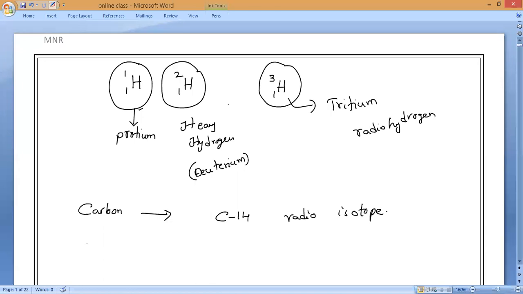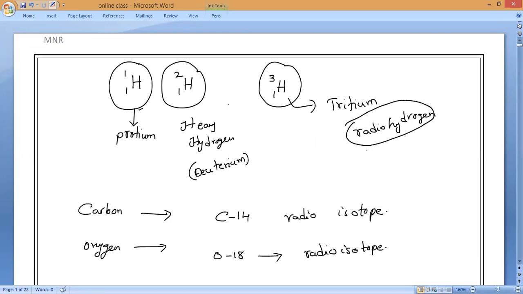Same way, when we are writing the isotopes of oxygen also, I have taught you O18. In that, O18 is called a radioisotope.